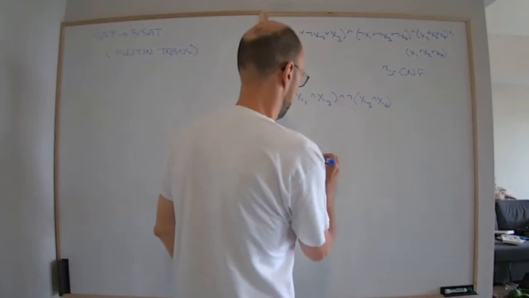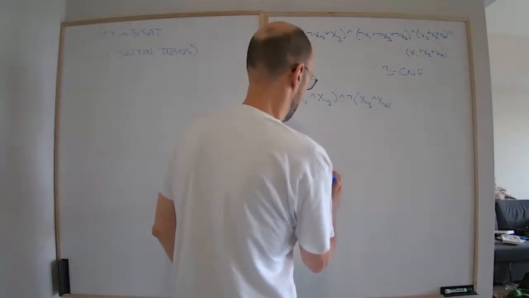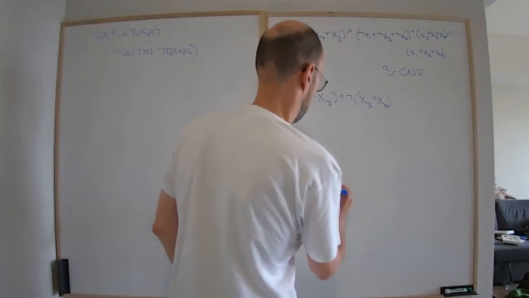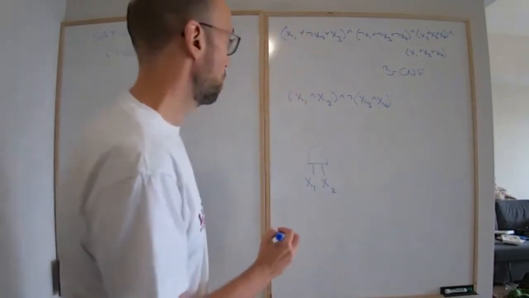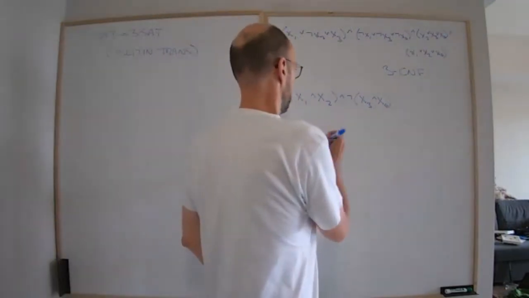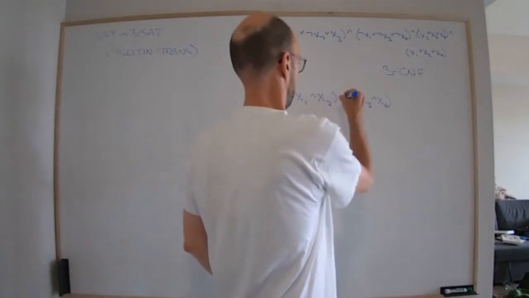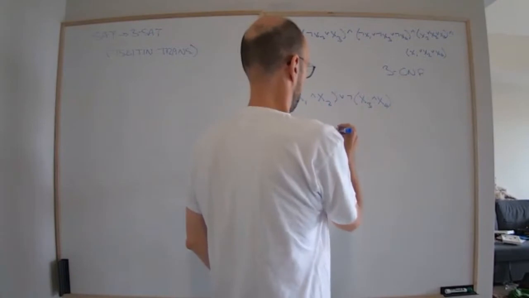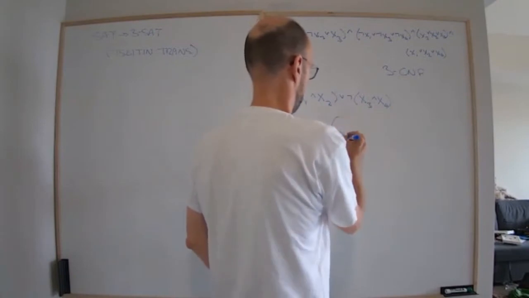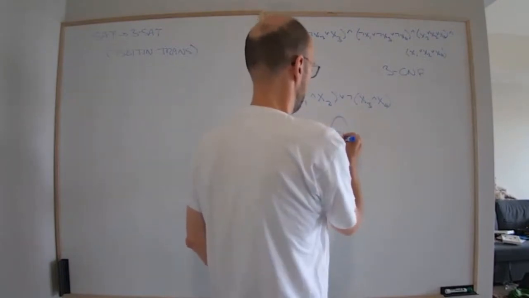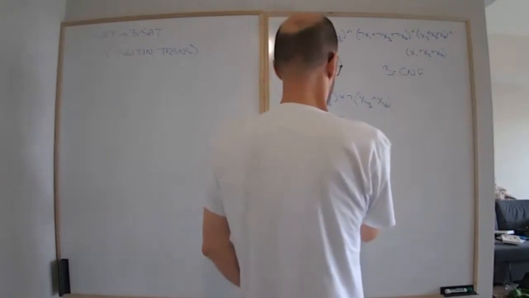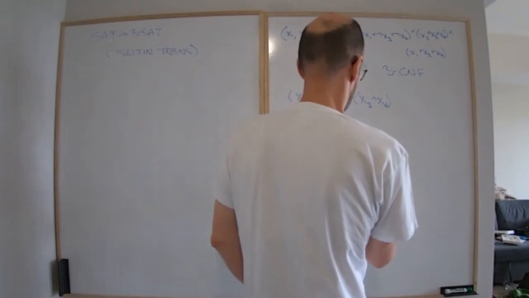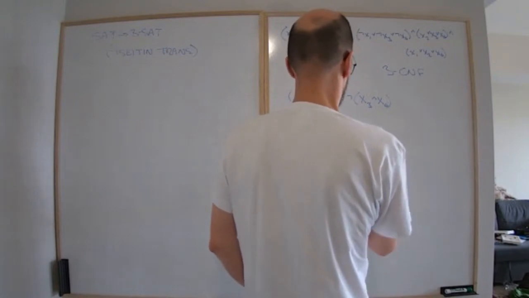You write it as a circuit, where this is going to be, let's say that this is an or, just to make things fun. I can never remember which is the or and which is the and. So write it as a circuit.